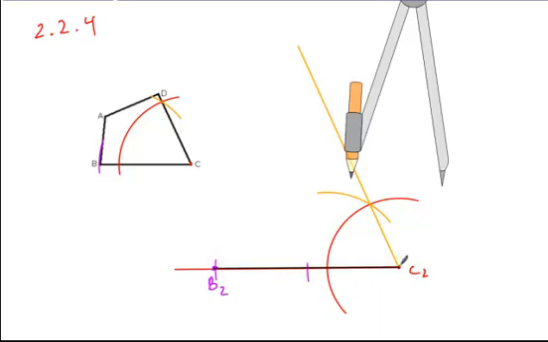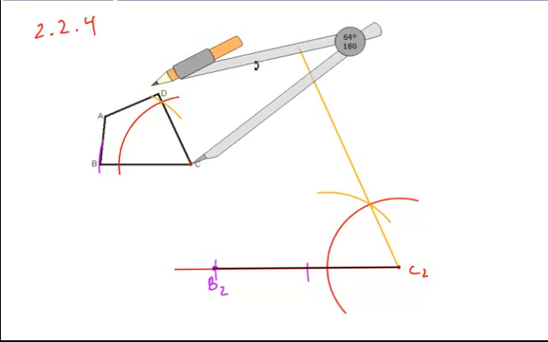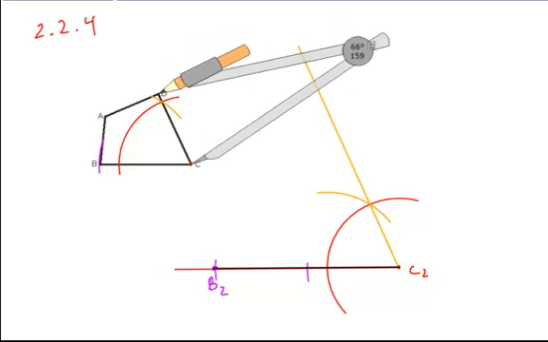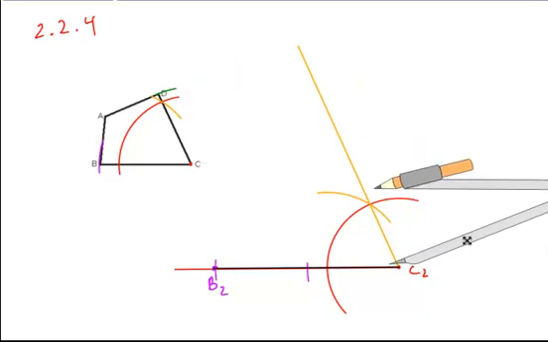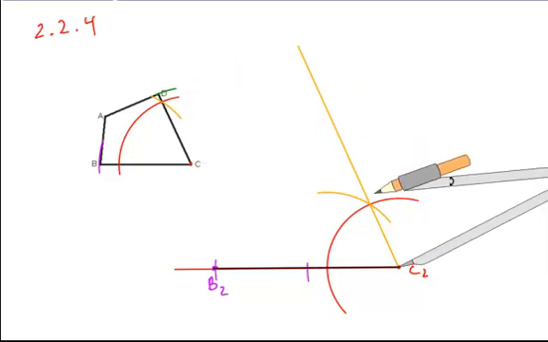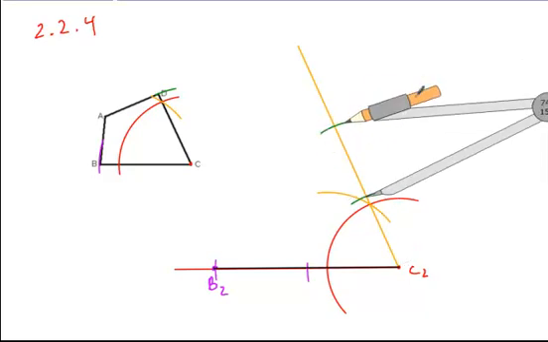And then for CD, I want to duplicate that and double its length as well. So if I place the compass tip on one endpoint, adjust my compass so it passes through the other, now my compass is set to the length CD. And if I mark this off again twice, there's once, here's a second time.